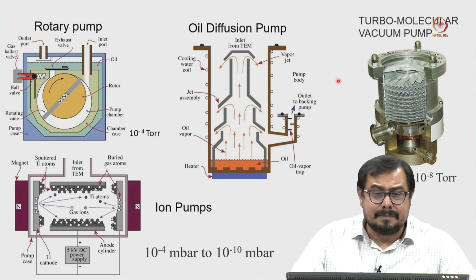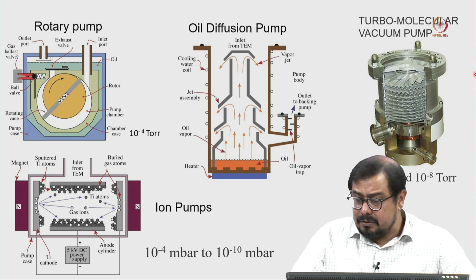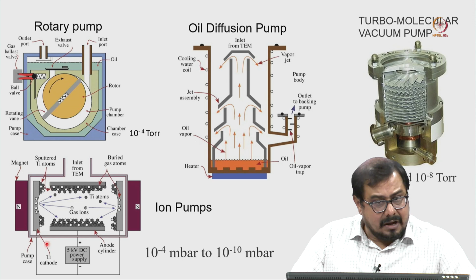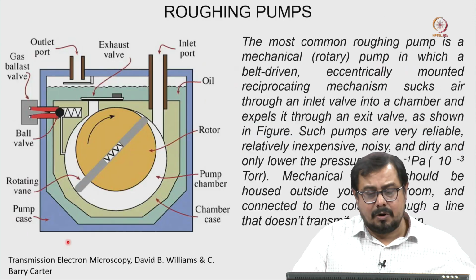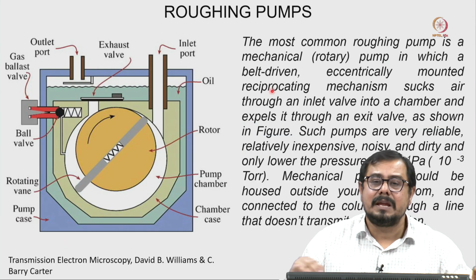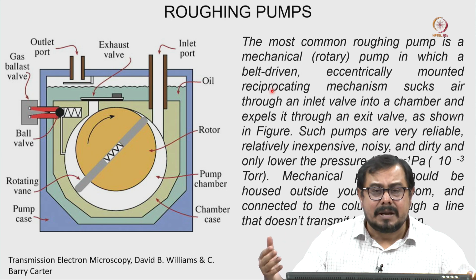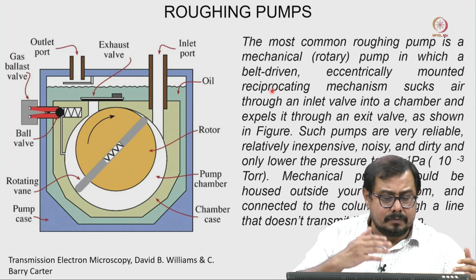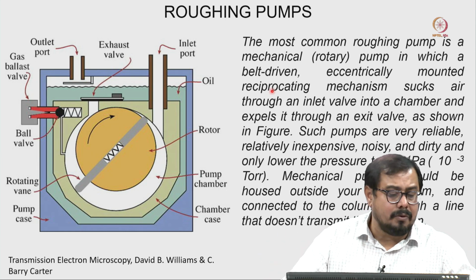Most current microscopes are connected with the turbomolecular pump or the ion pump. Let us take a look at how the turbomolecular pump and ion pump work, and also discuss a little bit about the rotary pump or roughing pump.